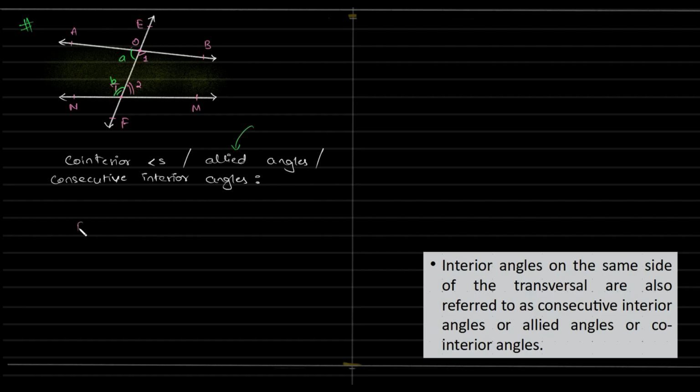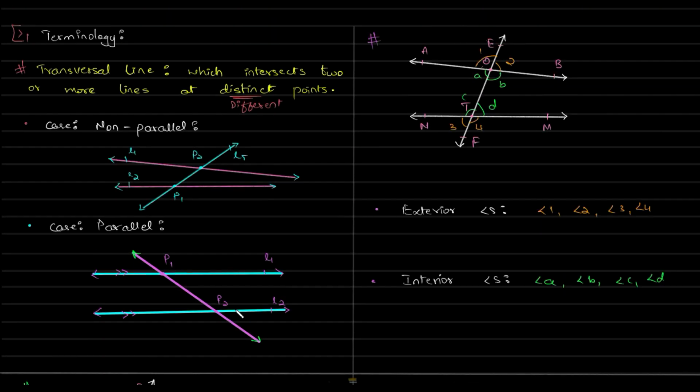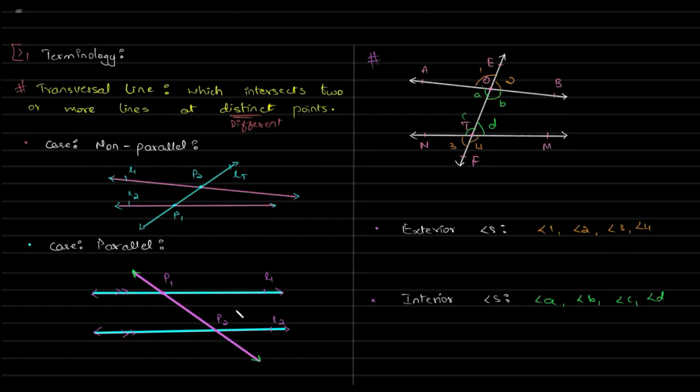So here in this figure, angle A and angle B are co-interior angles. Then we have angle 1 and angle 2 are co-interior angles again, right? Okay, so all this is something that you need to write down. So please pause and start copying.